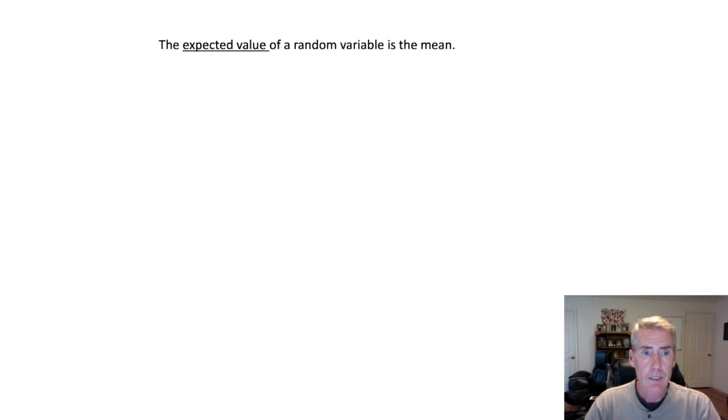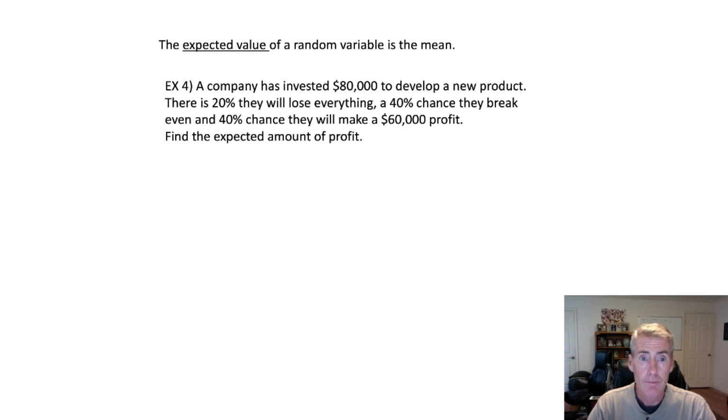Then sometimes you'll be asked to find the expected value. That's just a fancy way of saying find the mean. Because the mean is the average, so that's what I would expect to happen. Here's an example. This company's invested $80,000 for some new product. And then there's a 20% chance they lose everything. They lose their $80,000.